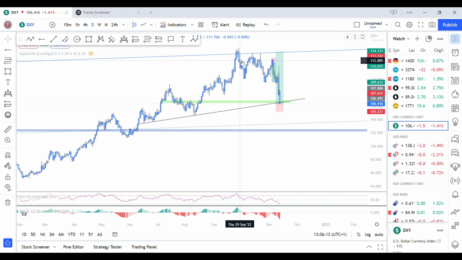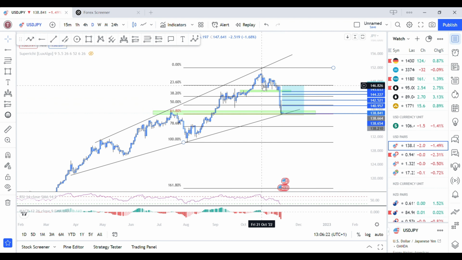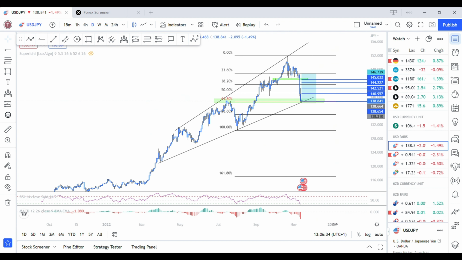Actually, from Wednesday, the 28th, it's been bearish. Now let's go to the dollar index. We should see around about Wednesday, the USDJPY should be bearish. And here we are, Friday, market moved bearish. Can you see that? So it did take about a day or so, but then it ended up moving bearish. So there we have our confirmation.